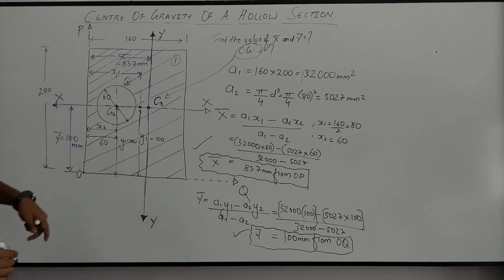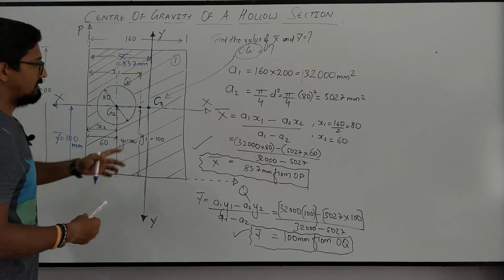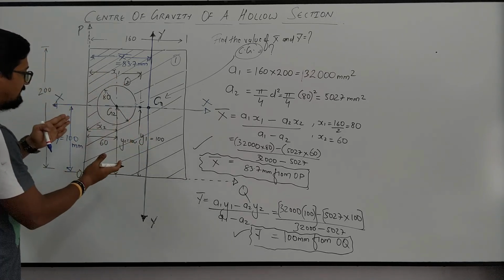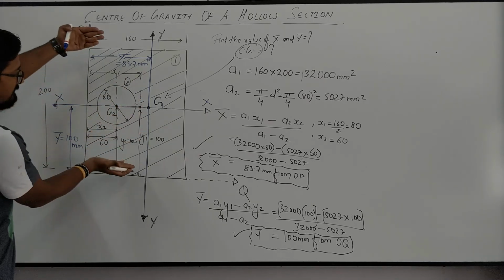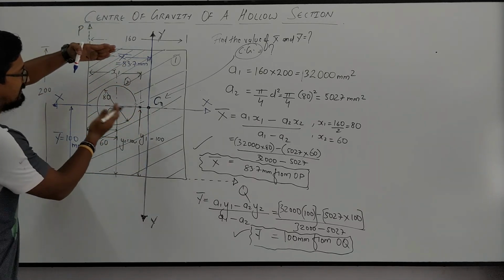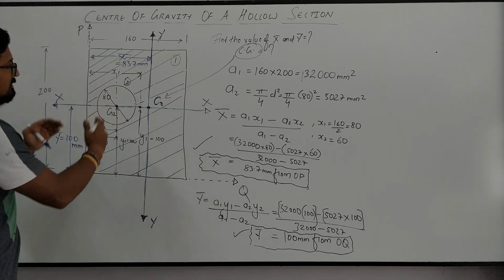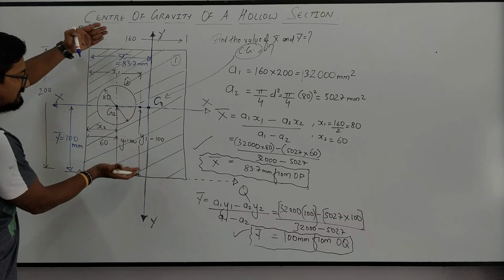So in this problem we have noted that the figure was symmetrical about the XX axis. It is clearly seen that if we fold the figure about the XX axis, it is divided into two equal parts, correct? Whereas in terms of YY it is not symmetrical, but about the XX axis it is symmetrical.